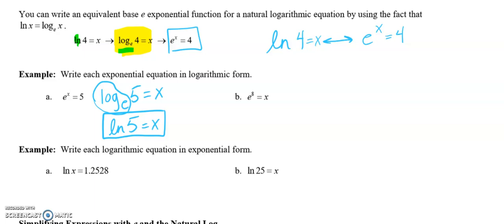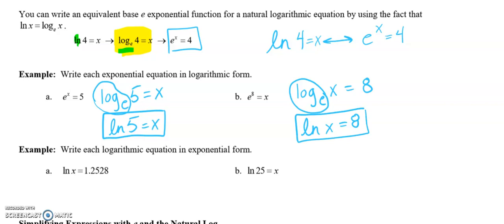If we look at number 8, we have e to the 8th equals x. Rewriting that, we would say log base e of x equals 8. But again, we don't say log base e anymore. We would say the natural log of x is equal to 8.